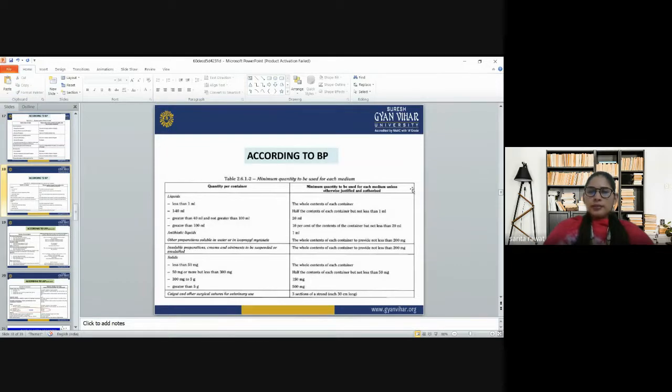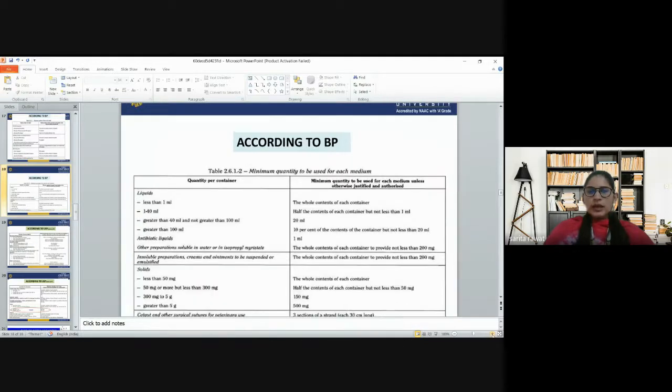Now, the maximum quantity to be used for each medium according to BP for liquid: if there is less than 1 ml, we have to take the whole contents of each container. If there is 1 to 40 ml, we have to take half the contents of each container, but not less than 1 ml.